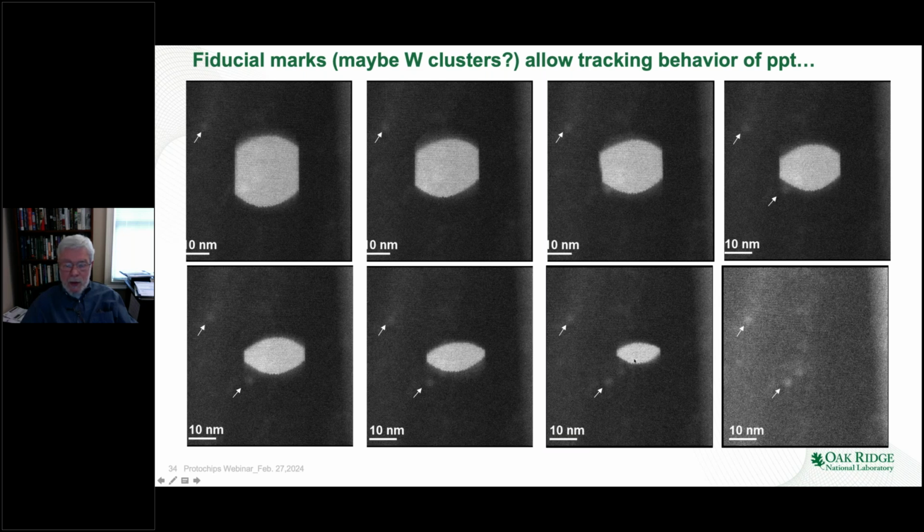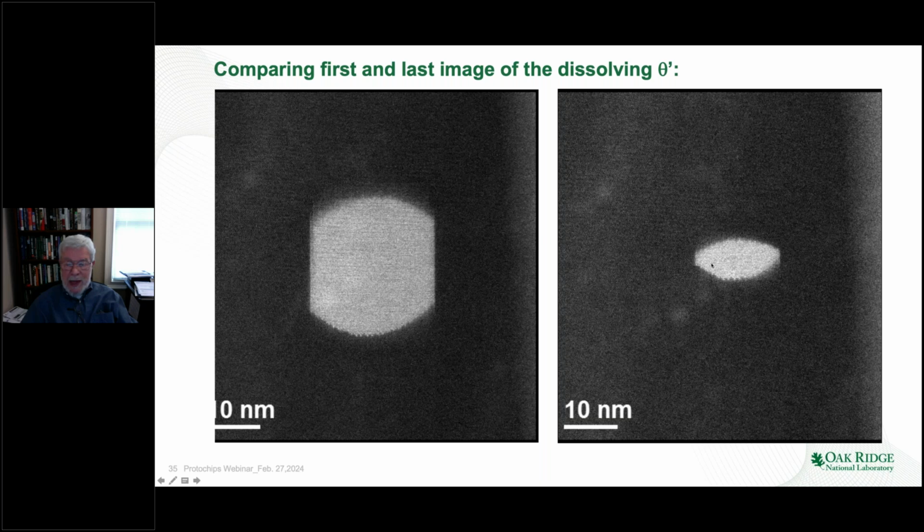And so we know the orientation of this dissolving precipitate from frame to frame. If you compare the first and the last, near the last here, you can see that this interface is moving through the lattice as this dissolves, because you can see these fiducial marks.